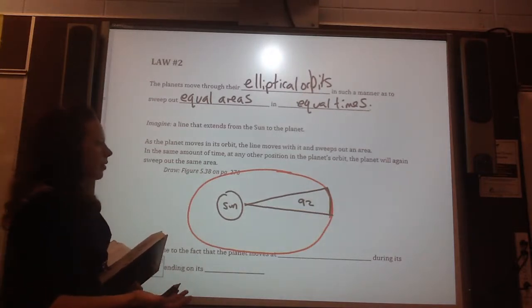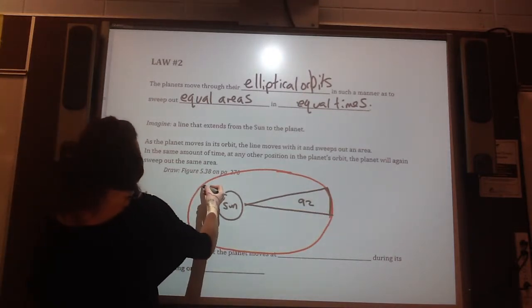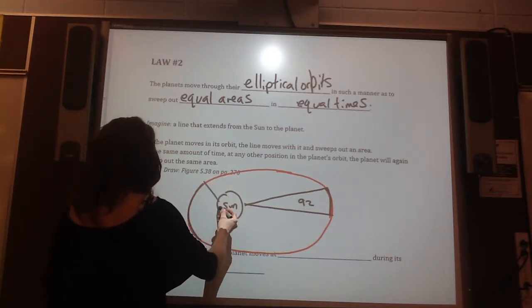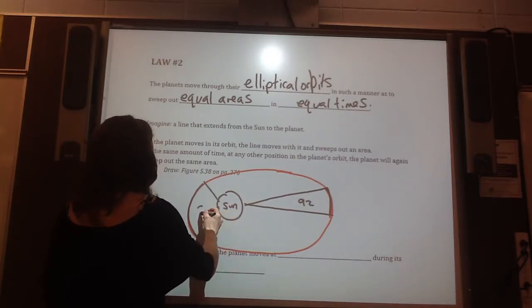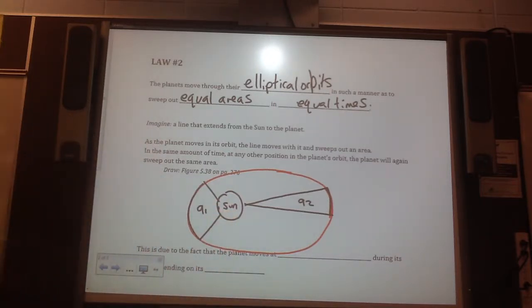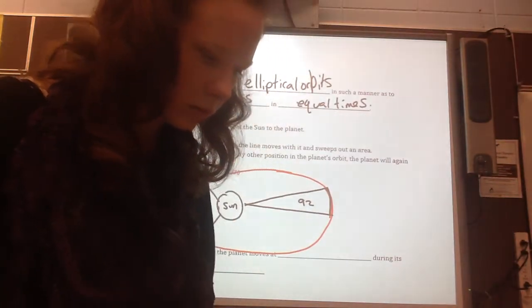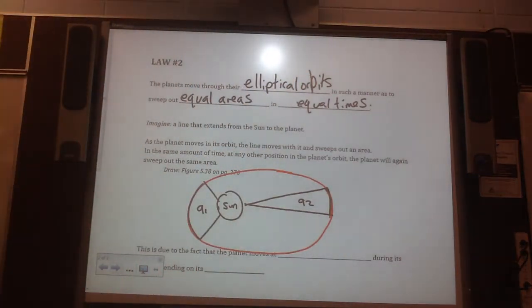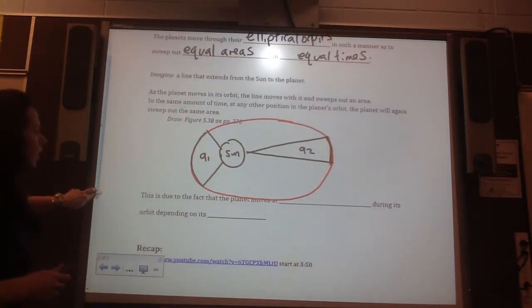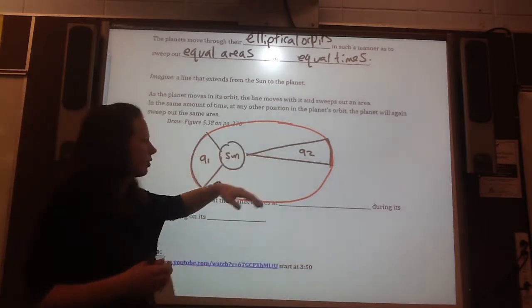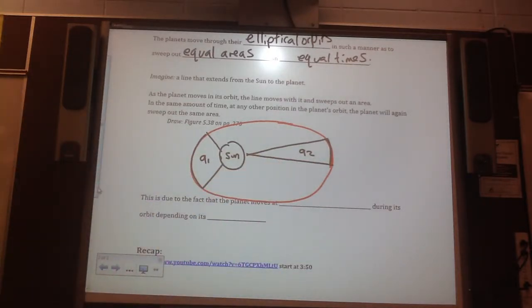And say we compare another space or area, but it's in the same time. So even though these spots are very different, it's still covering that same area in the same amount of time.